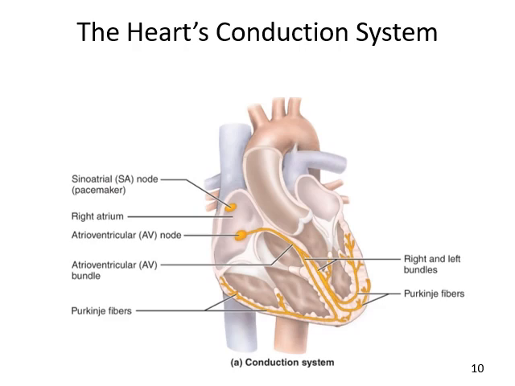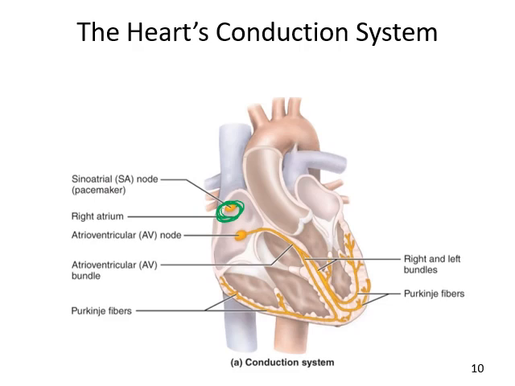So let's look at this conduction system. Up here, right where the superior vena cava comes into the right atrium, is the sinoatrial or SA node. That is what we call the pacemaker, and we're going to see that this guy can spontaneously depolarize and start an action potential.